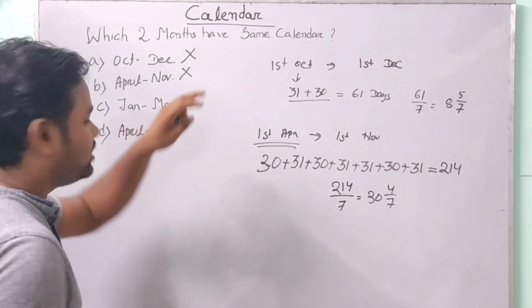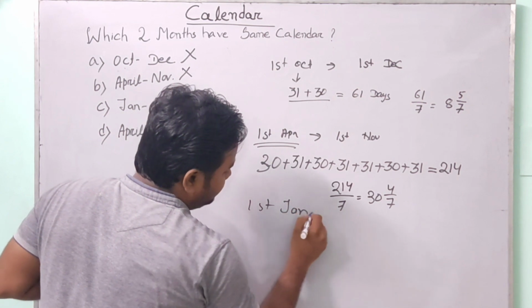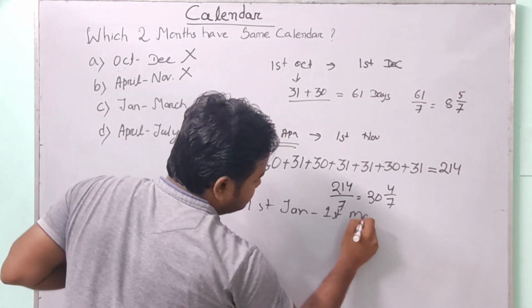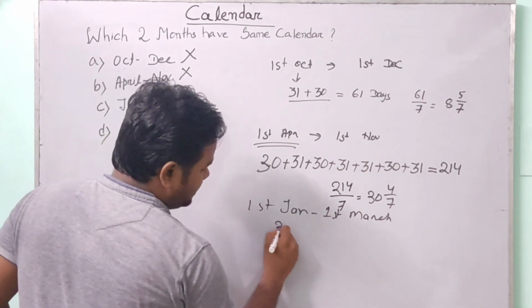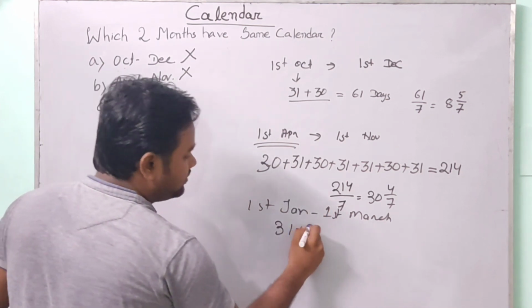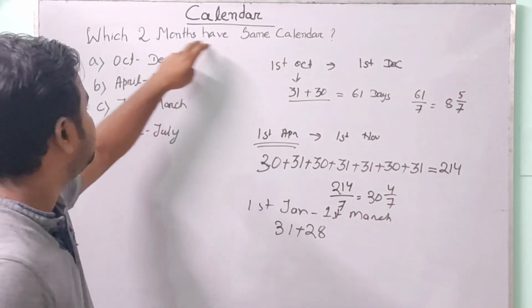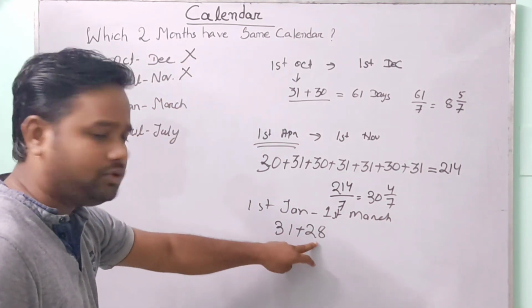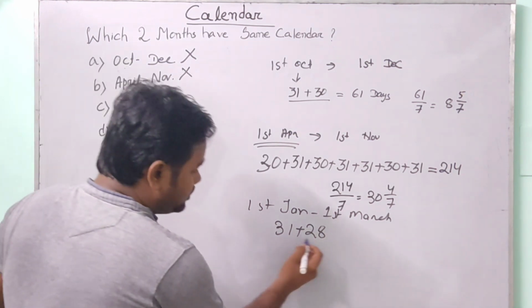Next we will do January and March. So 1st January till 1st March. January has 31 days. Then February has either 28 or 29 days. Since the year is not mentioned, I will take both cases.